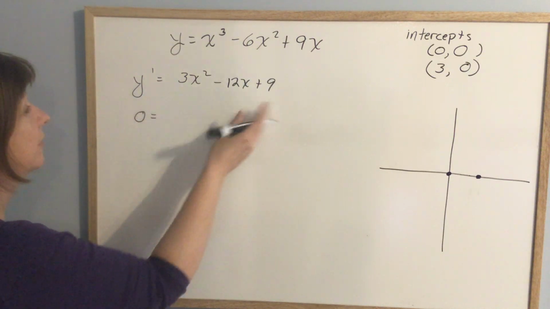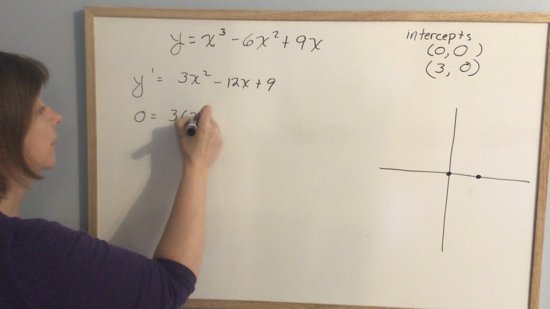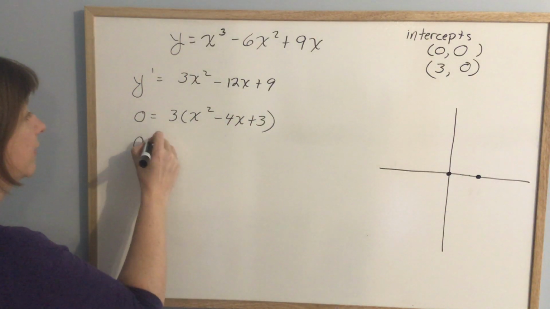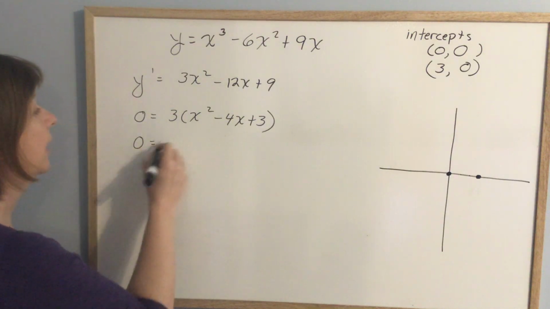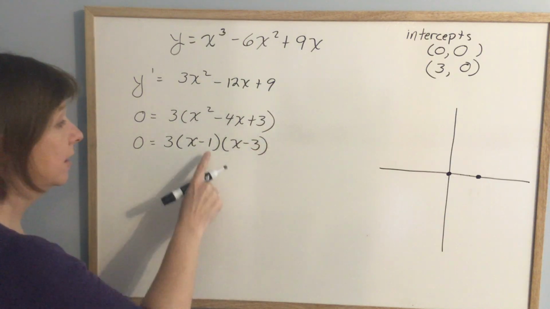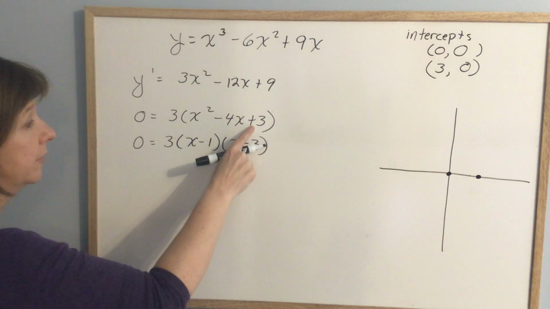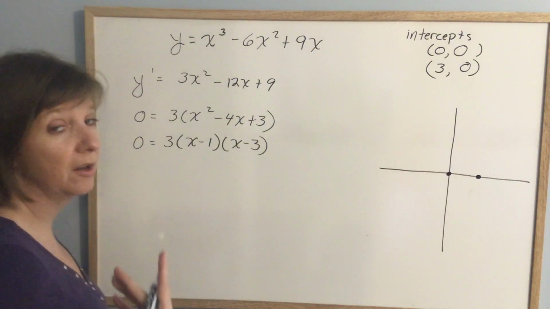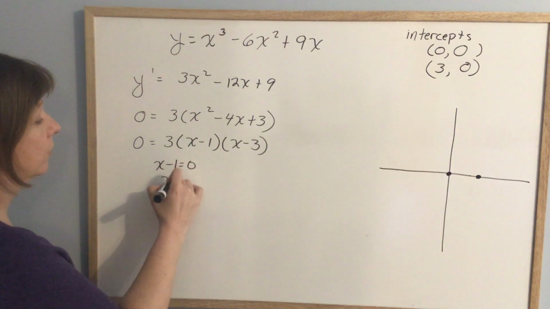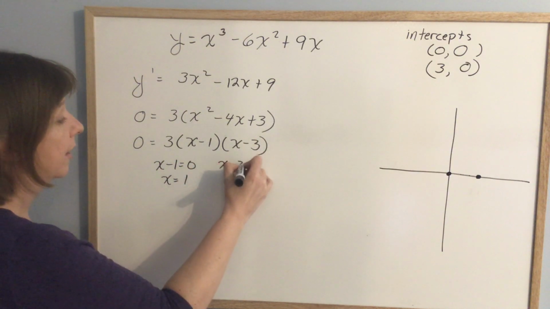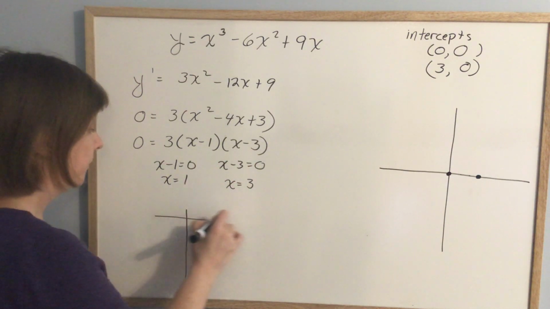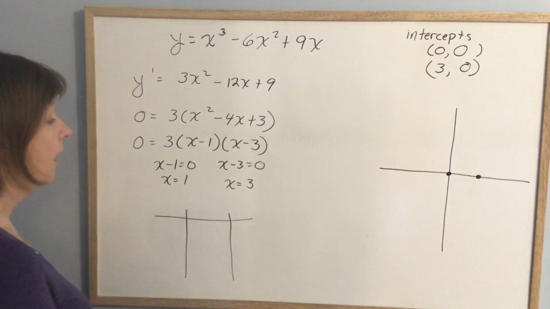I'd make that equal to 0, and I would take 3 out as a common factor, leaving me with this. Can I factor that? I believe I can, because if it's x minus 1 and x minus 3, 3 times 1 makes positive 3, and negative 1 take away 3 makes negative 4. So either x minus 1 equals 0, which means x is 1, or x minus 3 equals 0, which means x is 3.